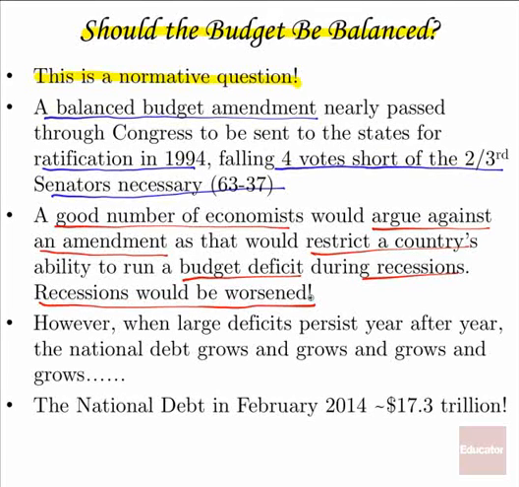Basically, a lot of these countries ceded control of their monetary policy. So if there's a balanced budget amendment, the government would have less control of their fiscal policy. Now, again, there are some good sides and some bad sides to that.